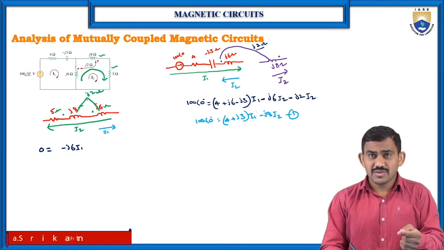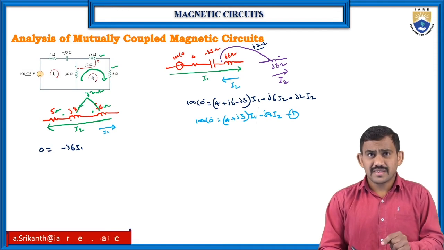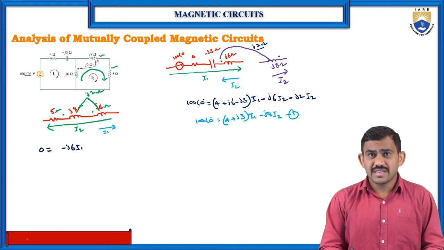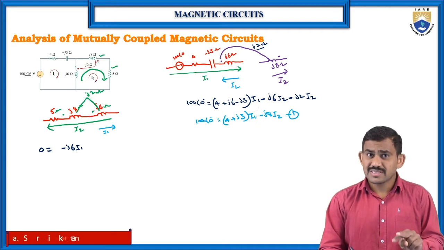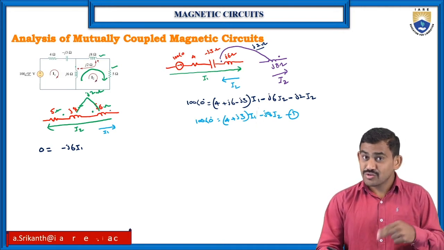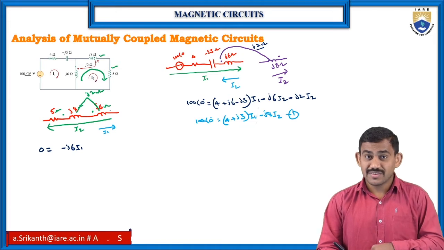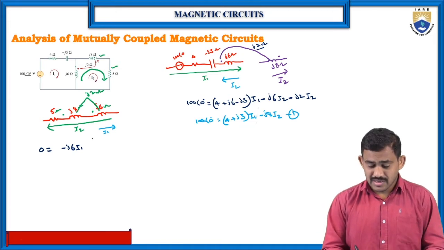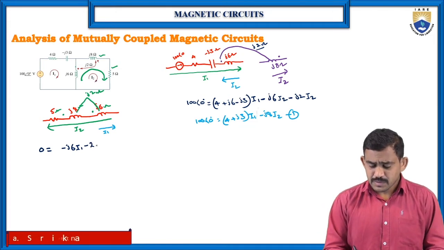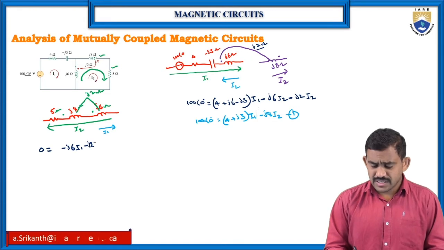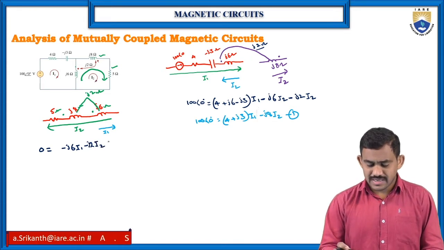The dots are the same, but comparing the current direction with J2, we have I2 current, while I'm writing the loop 1 equation. With loop 1 current, both are reverse. Reverse means minus J2 I2. So not I2, I1.